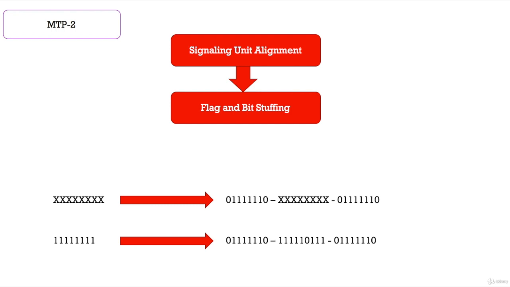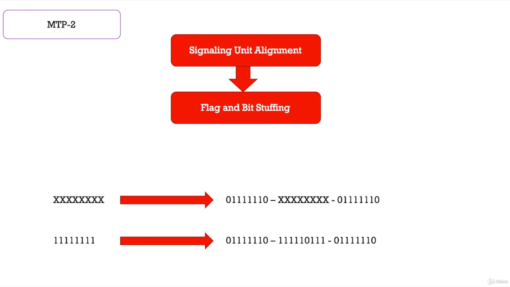Now, one of the concepts that comes for the MTP2 layer is signaling unit alignment. What this means is, the MTP2 layer has to send packets, the units of signaling information, onto the wire.